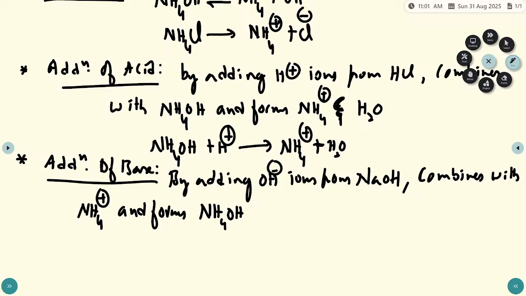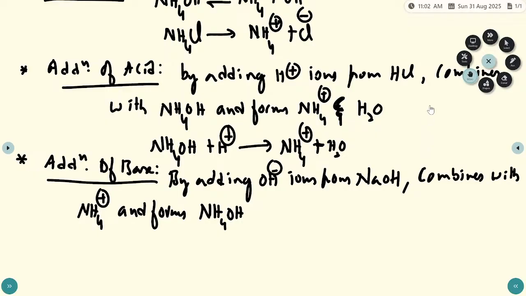It never increases the number of ions in the buffer solution, so the pH of the buffer solution does not change.